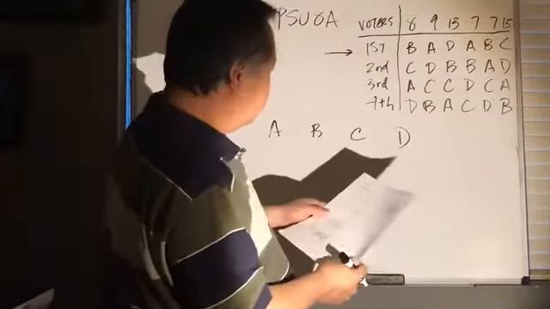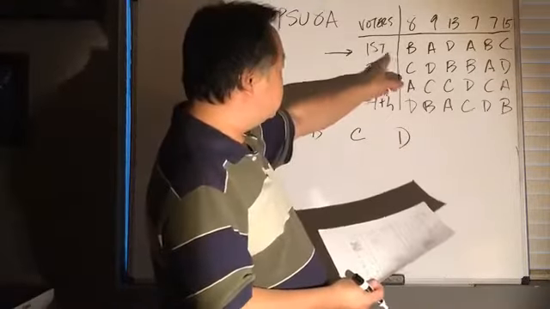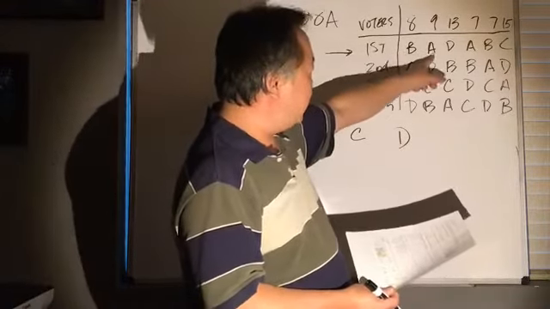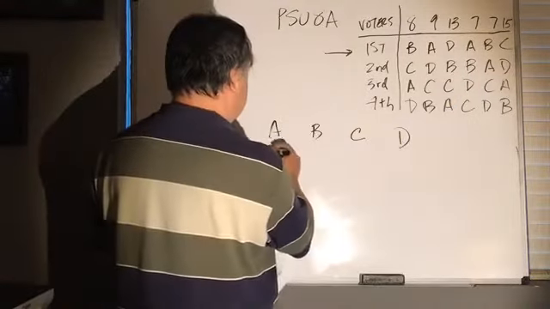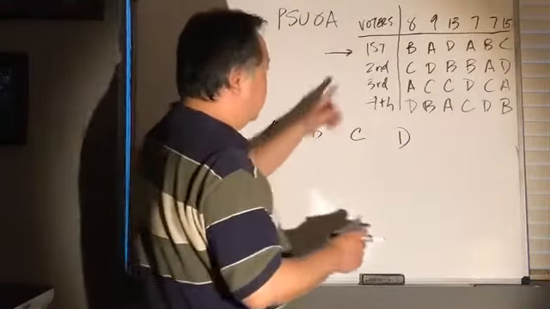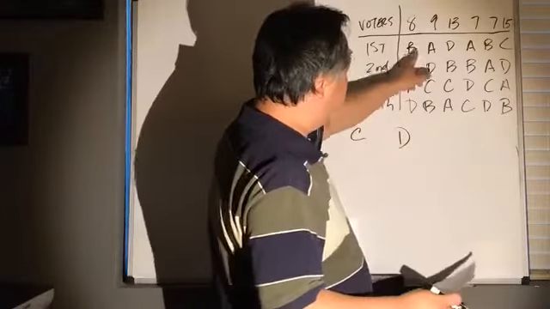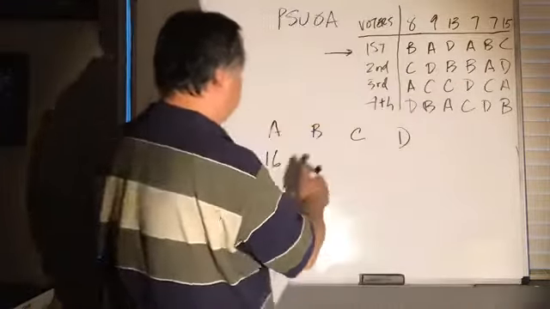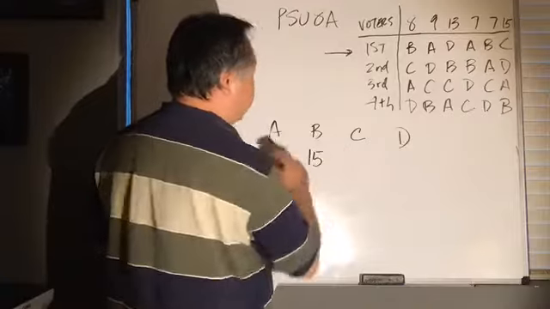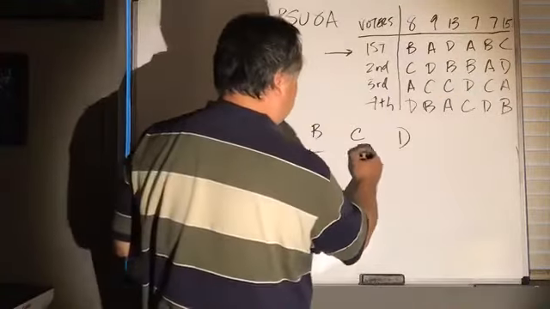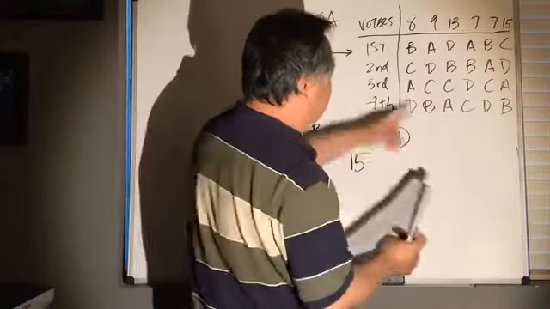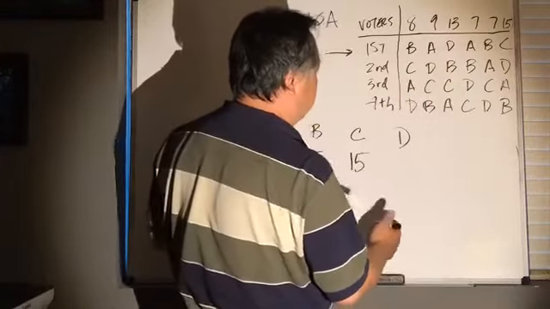So first choice, that is A, would be 9 votes plus 7 votes, which would be 16 votes, right? First choice, that's B, would be 8 plus 7, and that's 15. First choice, that is C, would be 15 also. And first choice, that is D, that would put us at 13.